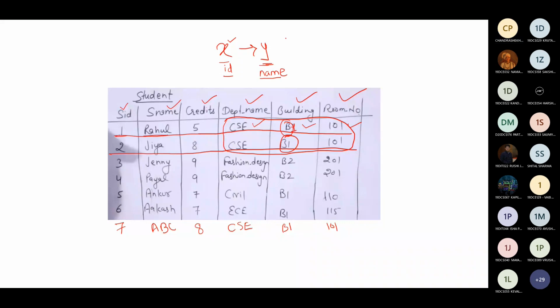The concept of functional dependency is written like this: if t1.x equals t2.x, then t1.y equals t2.y. It means if you are comparing one particular value from two different records, then the other column values are also the same.